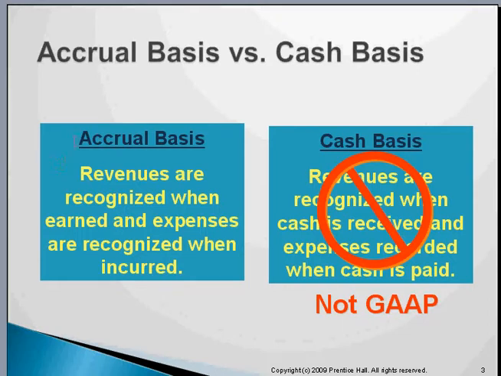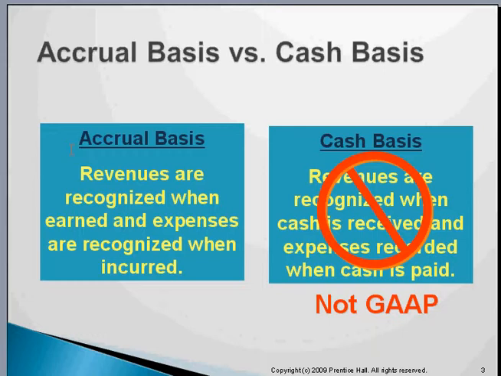Under the accrual basis of accounting, revenues are recognized when they are earned and expenses are recognized when they are incurred. If you remember back in Chapter 2's fifth objective, we had an example where an attorney, Jonathan Law Firm, performed legal services for a client who could not immediately pay.